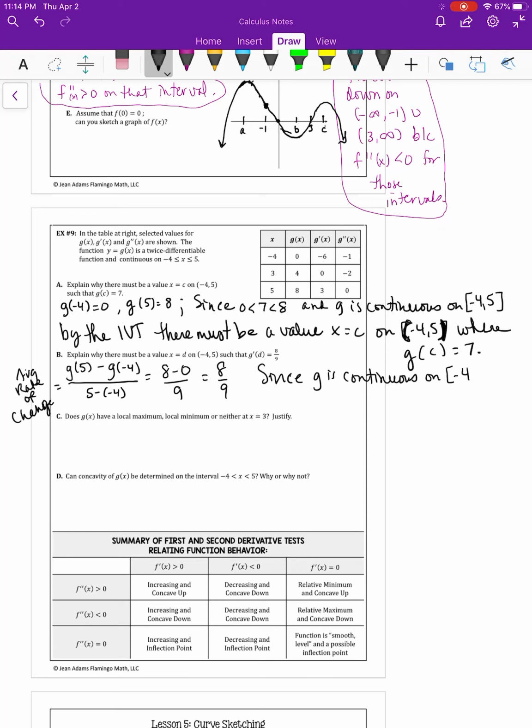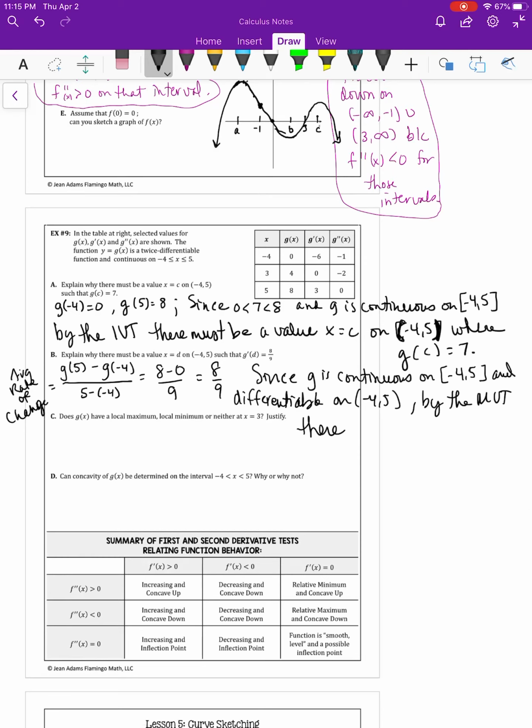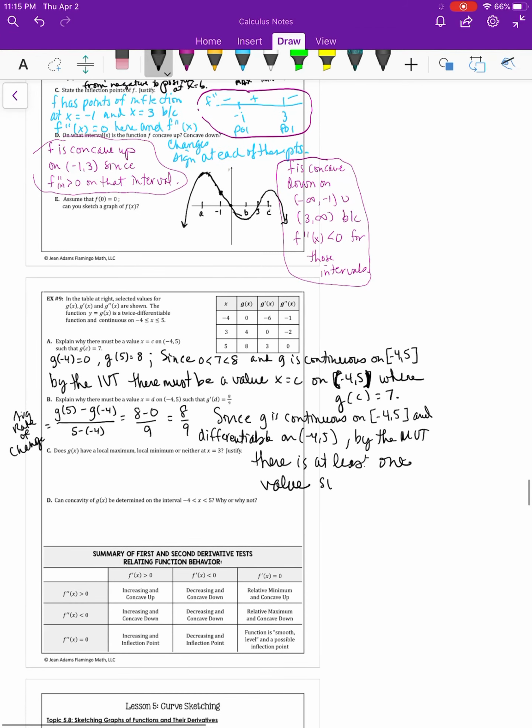Okay? So now we're going to say, since g is continuous on the closed interval -4, 5 and differentiable on the open interval -4, 5, by the mean value theorem, there is at least one value such that g prime of d is 8/9, and d has to be in -4, 5.